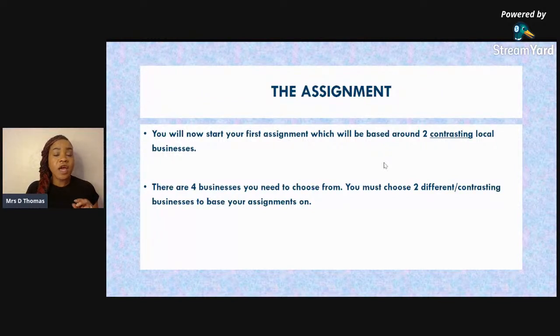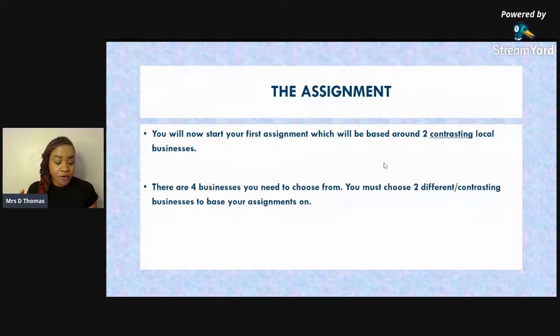After you've read this, you will be starting the assignment. You will need to start in terms of investigating 4 businesses.